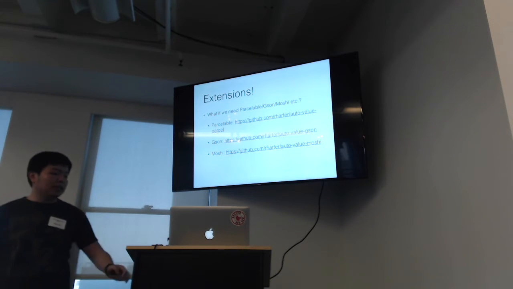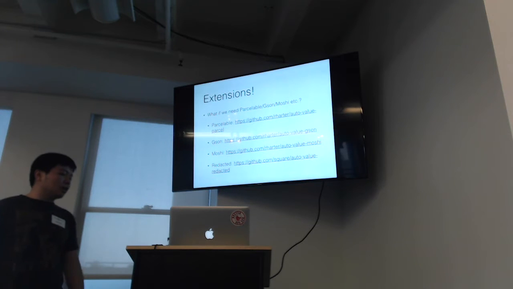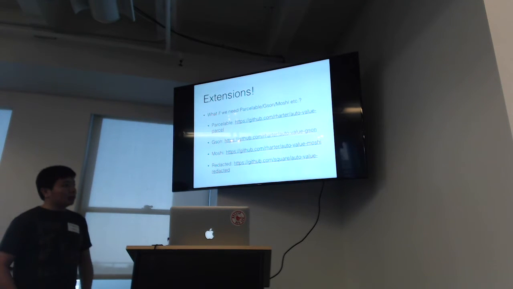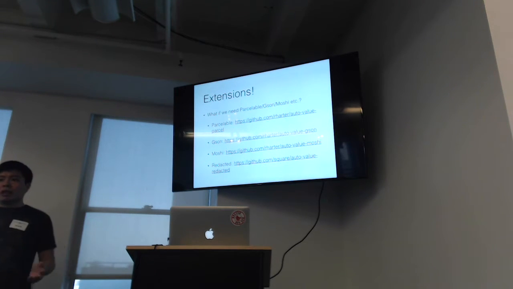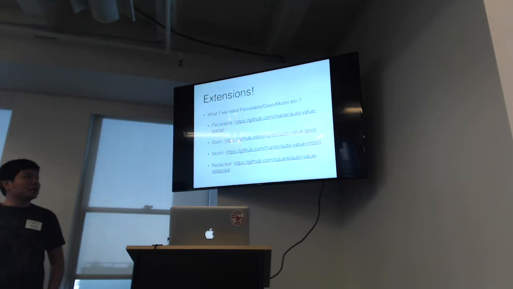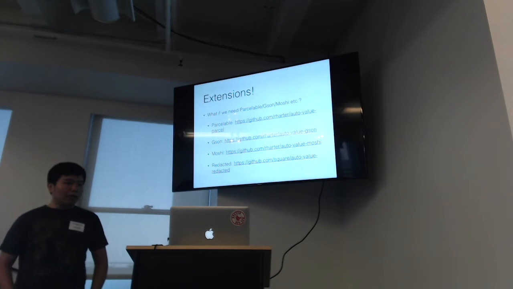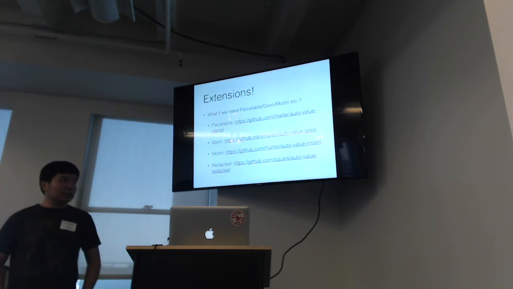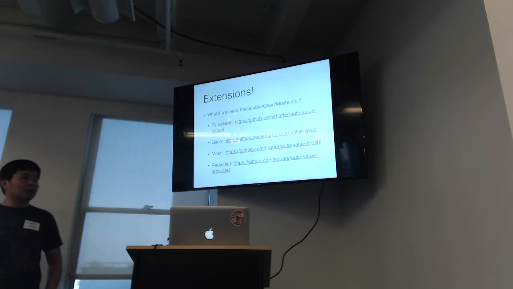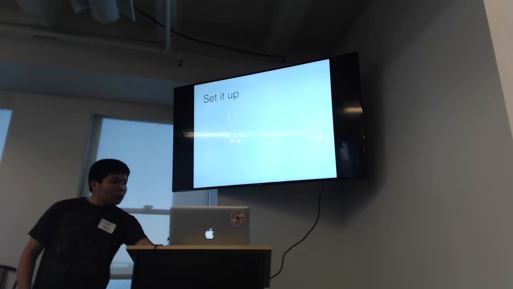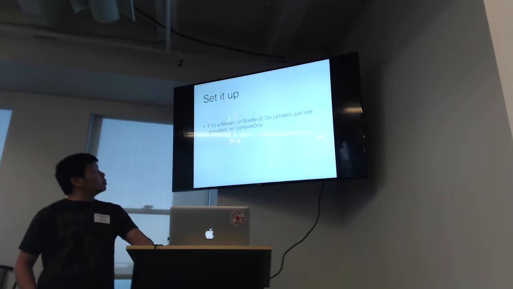And there's another extension called Eradicate from Square. If you're dealing with a lot of PII, personally identifiable information, you don't want to log those messages in the console, right? So if you annotate it with Eradicate, it's going to be omitted from the toString implementation.